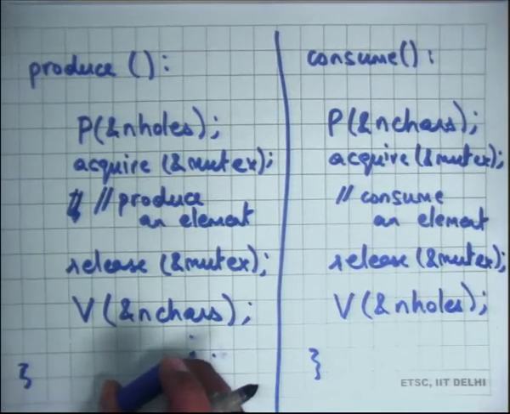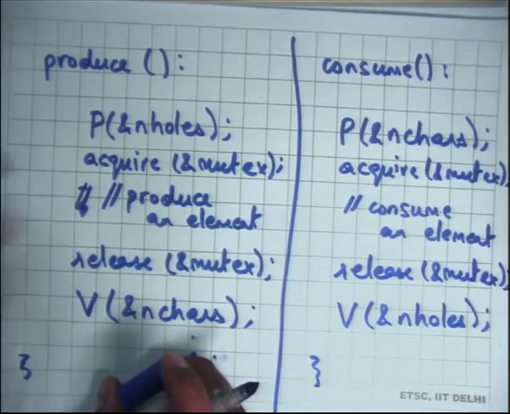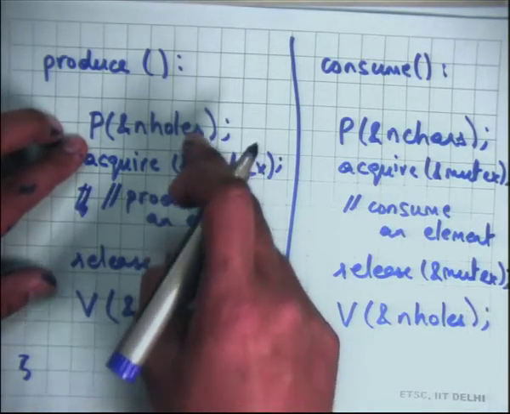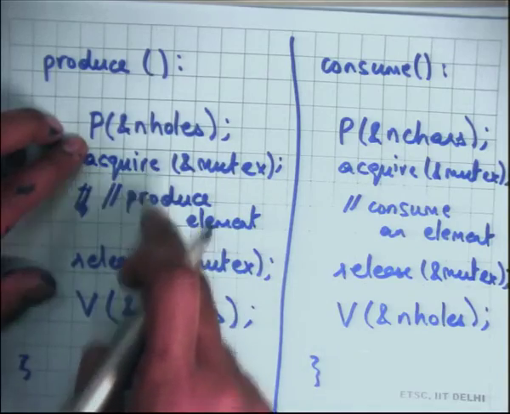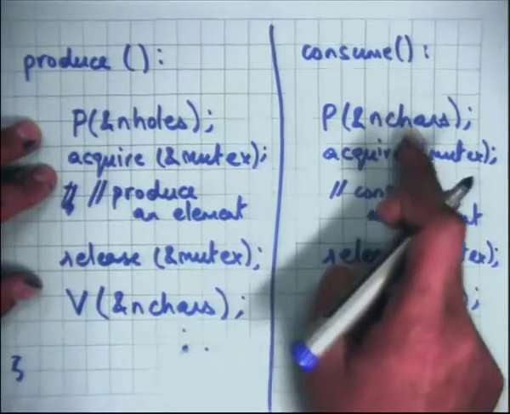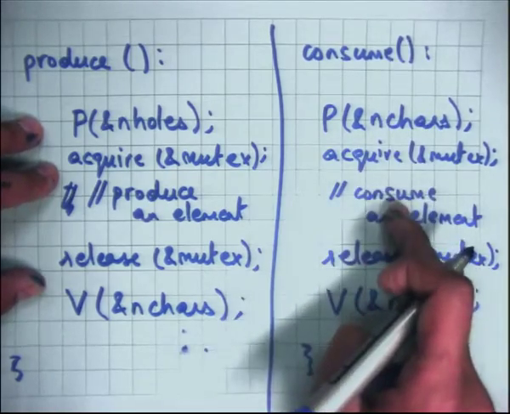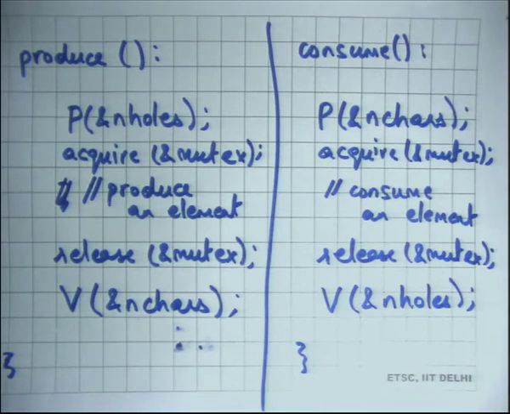And so this code is correct. You need to convince yourself that this code is correct. You have decremented n holes atomically, and at this point you can be sure that you are free to produce here, right? Similarly, you decremented n chars, you come out, so you can be sure that you are free to consume, right? Mutex is just making sure that they are mutually exclusive with each other.